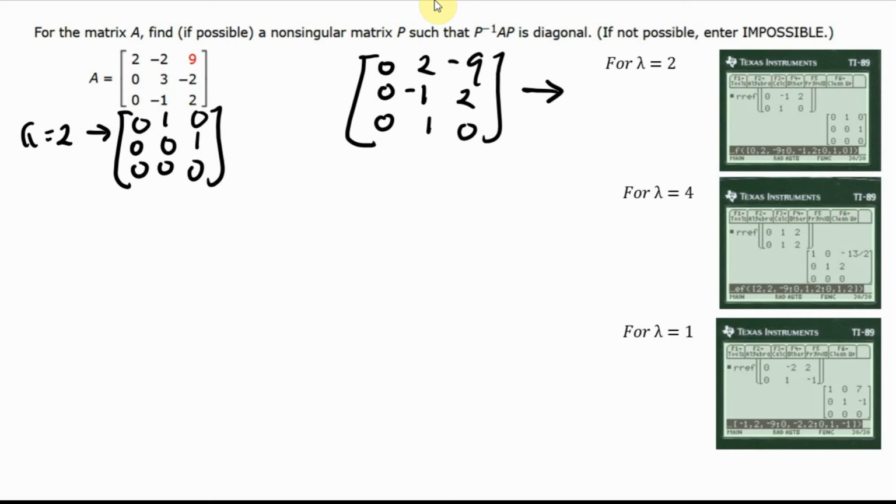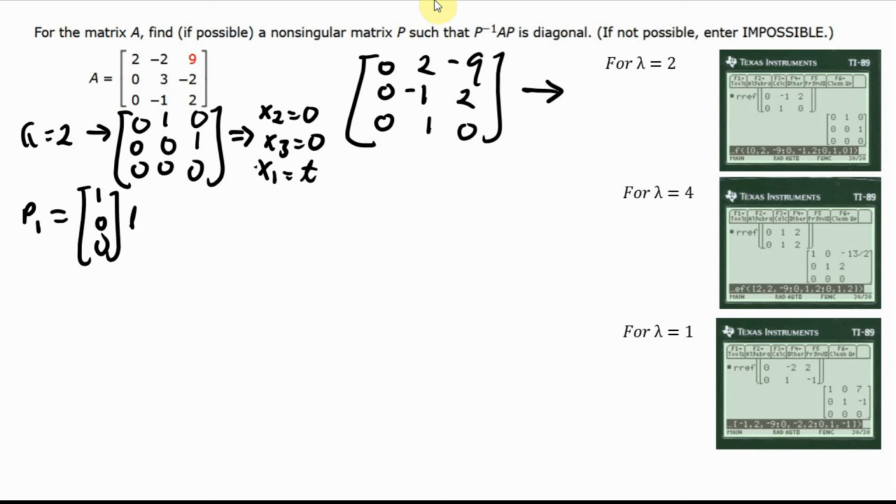All right. So what that says is that x sub 2 is 0, x sub 3 is 0. So x sub 1 is the floating parameter. So x sub 1 is equal to t. So the eigenvector would be 1, 0, 0 times that t.